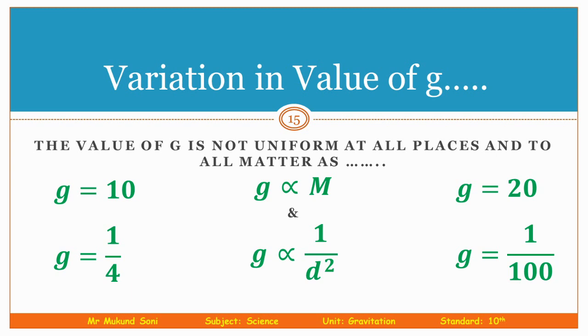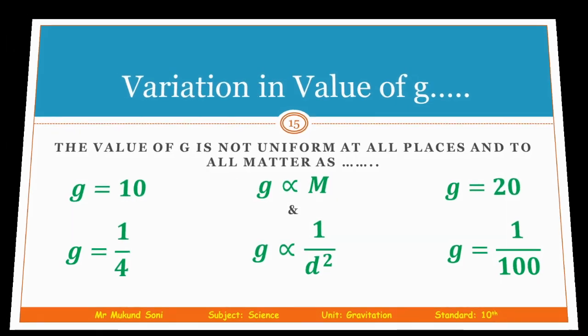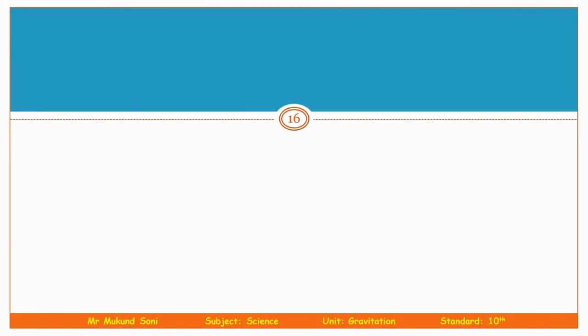The square of 2 is 4, that is 1 by 4, and the square of 10 is 100, that is 1 by 100. Which value is bigger in this case, 1 over 4 or 1 over 100? Correct, 1 over 100 is smaller than 1 over 4. That means the smaller the denominator, the bigger the value of g. So now you can observe the variation through these two ideas.